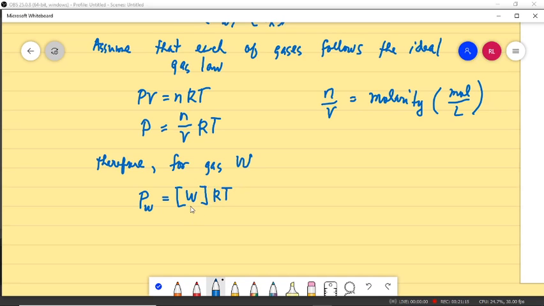Why is that? Because your n over V is molarity, and remember that concentration is molarity.